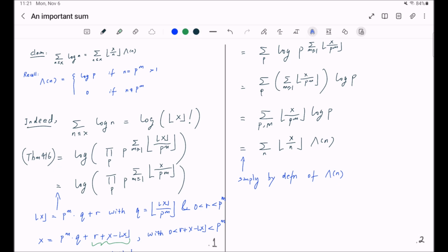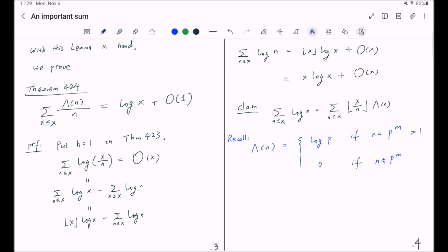And this verifies our claim. Now, to finish the proof of theorem 424, it suffices to connect the right-hand side of this claim to the left-hand side of theorem 424.